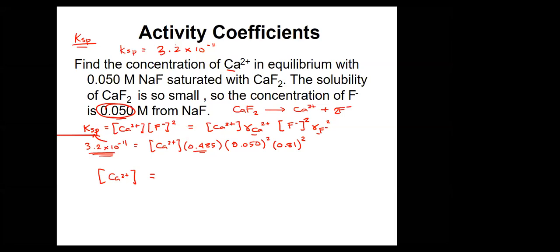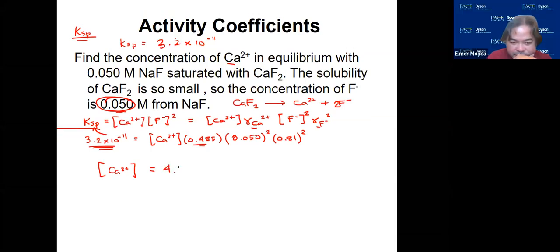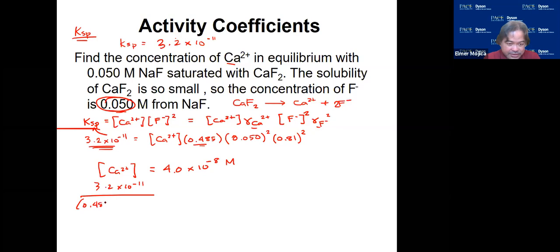Yeah, I got the same. Wait, really? I got 1.26 times 10 to the negative 11. I got 4.0 times 10 to the negative 8. So I just have that, and then I divide everything that I have on the other side: 0.485 times 0.05 squared times 0.81 squared. That's the concentration that I have. Okay?